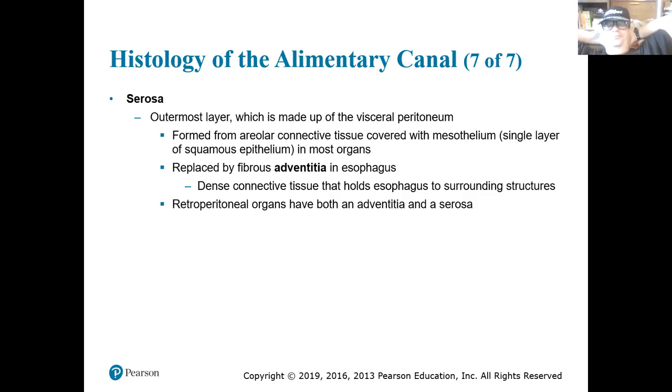So that serosa is not constant. In some organs, we replace it with adventitia, which is a lot of connective tissue fibers to anchor the organ in place. Dense connective tissue. Anyway, retroperitoneal organs have both adventitia and serosa, things like your kidney. All right, moving on.